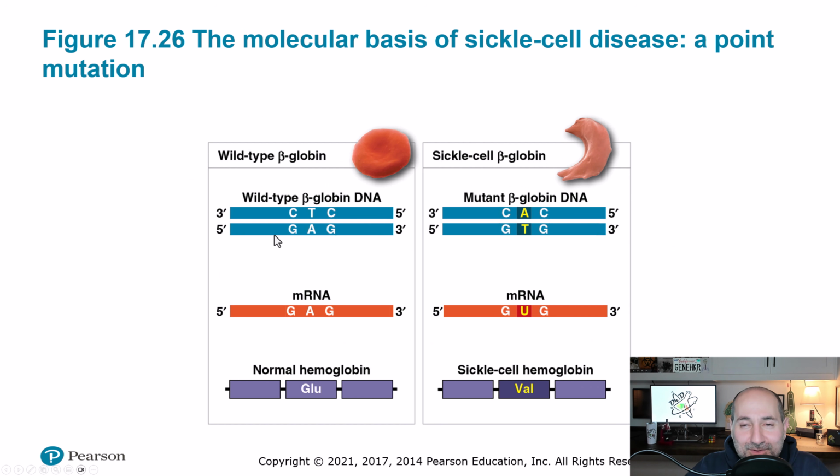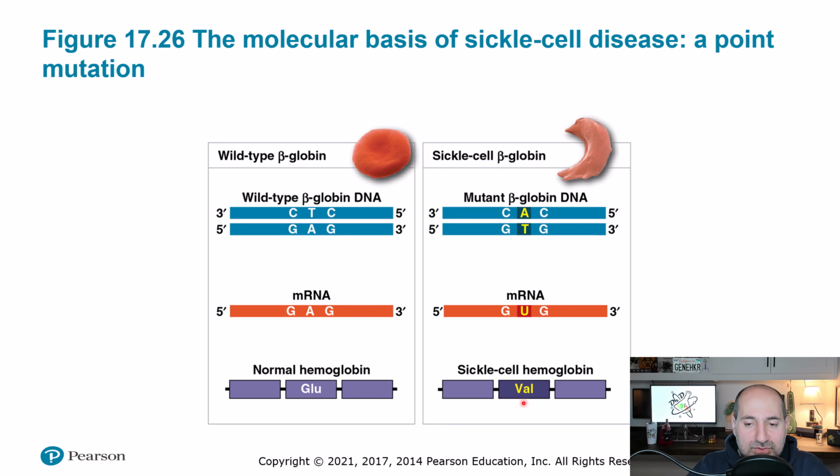Do you remember when we discussed sickle cell anemia and I told you that in sickle cell anemia, there was a mutation that resulted in a glutamic acid amino acid being changed to a valine amino acid?